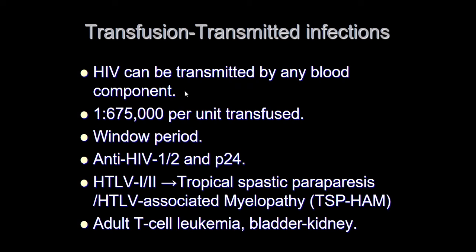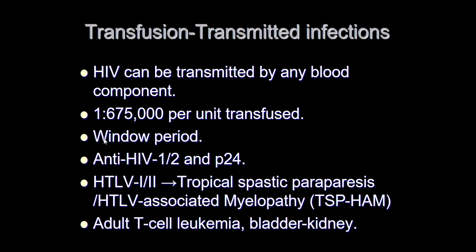Even if a patient is taking fresh frozen plasma or platelets, could be infected with the HIV virus. 1 in 675,000 units of blood that are transfused could be infected. So as you can see, the number is so minimal because of these tests that we do in the lab.